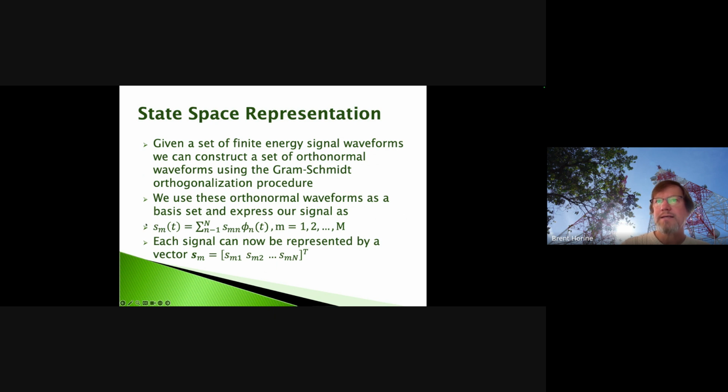So here, this s_m is just saying that we might have multiple different signals that we're dealing with, M different signals, each of which is represented by N terms of coefficients times these basis functions.